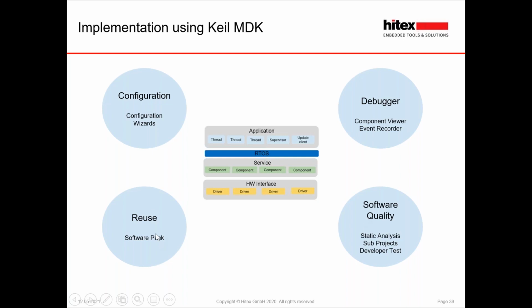Once we're all happy with that, we can generate packs for code reuse. If you start to think about how you're going to use a software architecture on future projects, once you've defined it and you start adopting it, the gains increase over time. So the more components you've got, the more reuse you get, the faster you can develop.